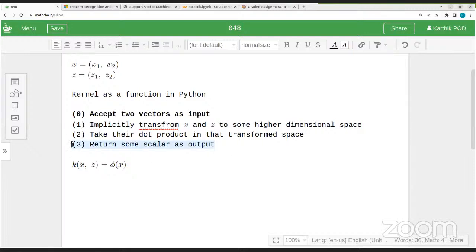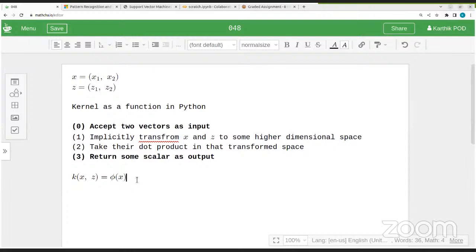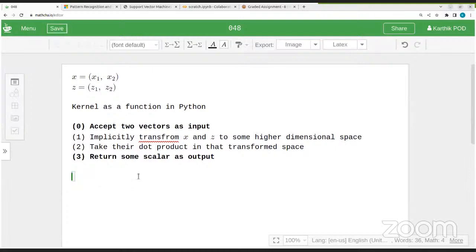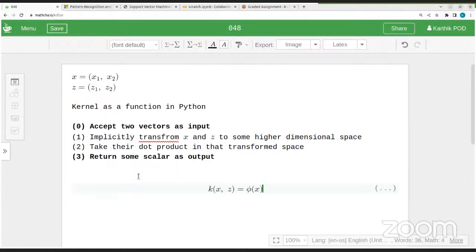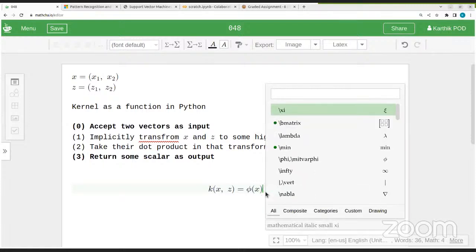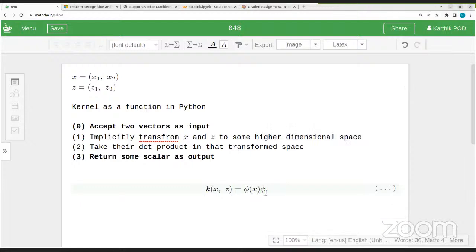But internally it is transforming them into some higher dimensional space and taking the dot product. So see what I'm doing here: I'm transforming X into phi of X, transforming Z into phi of Z, and then taking the dot product.